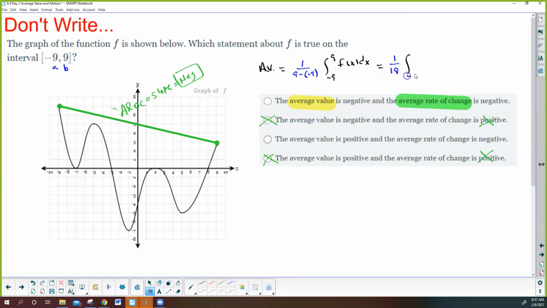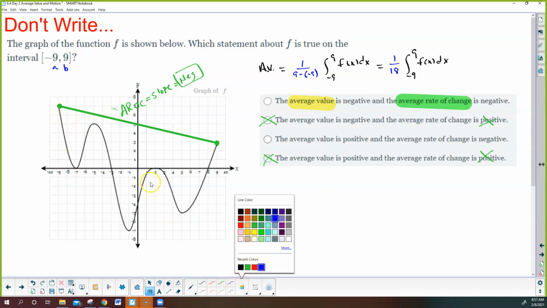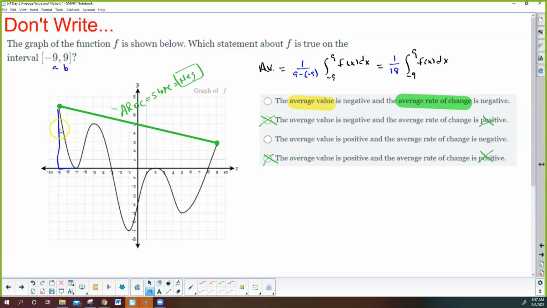Which means my sign value, positive or negative, is going to come from what we have to estimate here about the area under the curve. This part right here, is that positive or negative? Well, let's look. All we can do is estimate, but if I look at the area underneath the curve, we know that's positive. We know this is positive. And then I know the area here is negative.